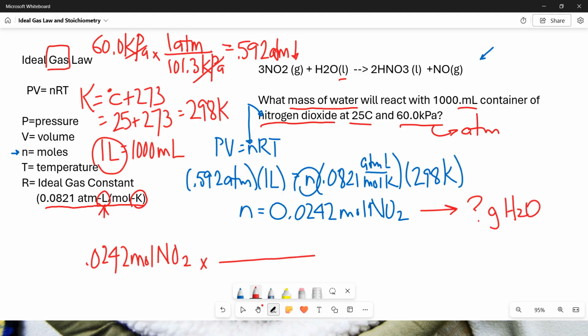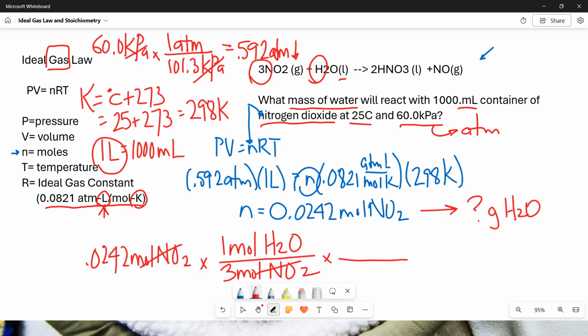Coming up to our balanced equation, I have 3 moles of nitrogen dioxide to 1 mole of water. So I'm going to use this mole ratio to go from nitrogen dioxide to water. 1 mole of water is equivalent to 3 moles of nitrogen dioxide, and we'll cross out the moles of nitrogen dioxide.